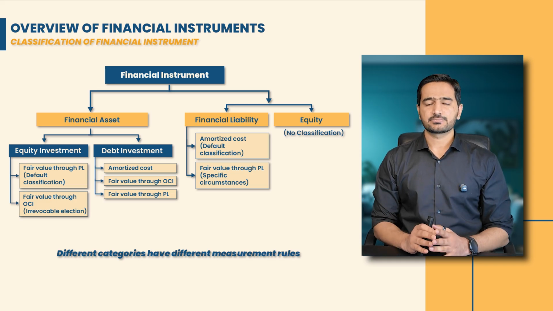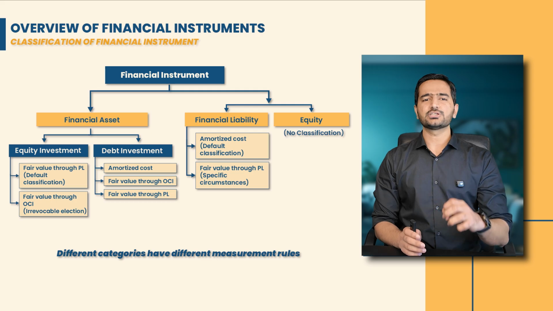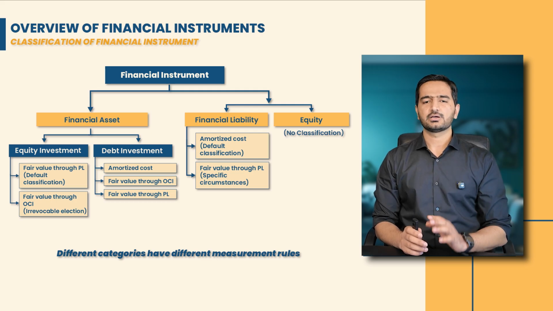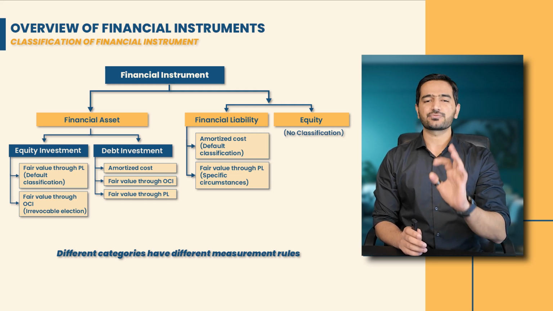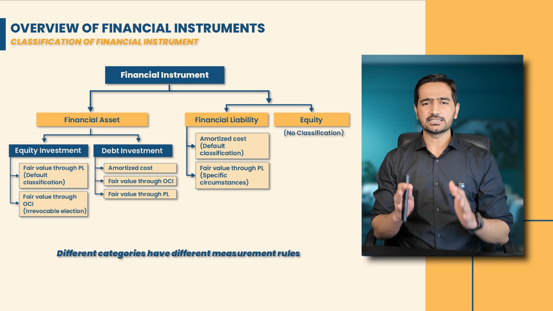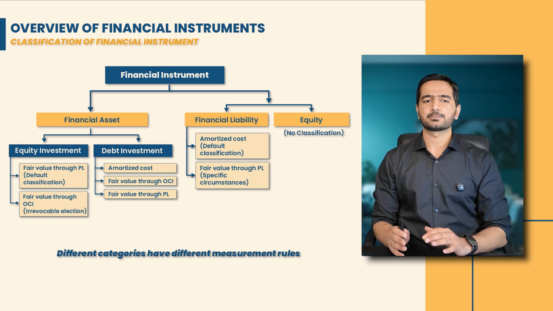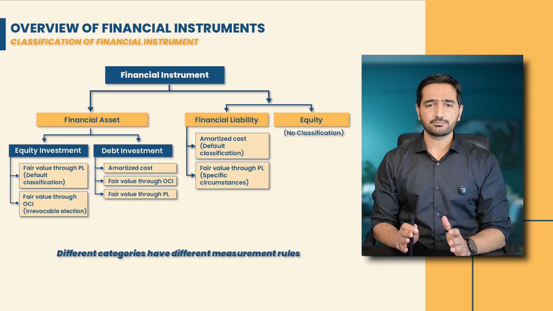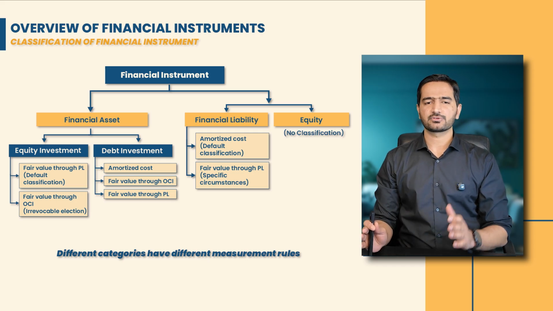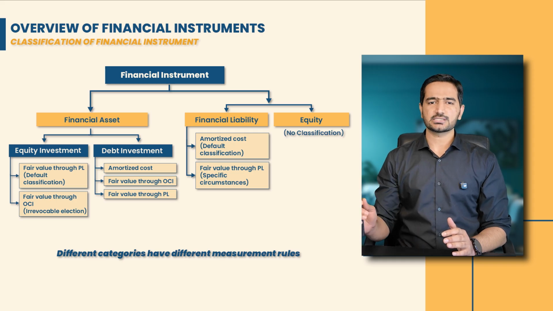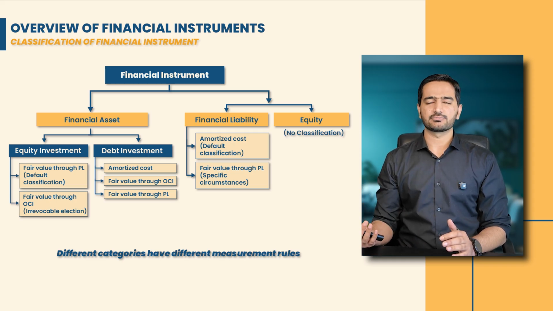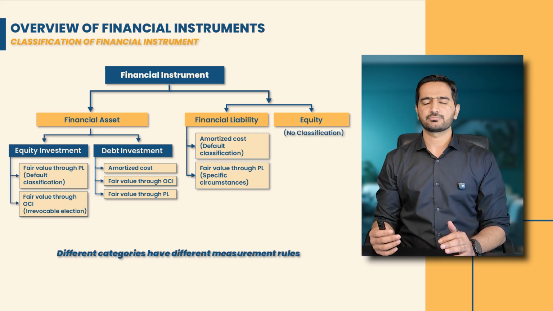My friends, let me now pull all of this together in one summary. I want you to memorize this framework because everything in this chapter connects back to it. A financial instrument is divided into financial asset, financial liability or equity. If it is a financial asset and it is an equity investment, classification is either at fair value through profit and loss or fair value through other comprehensive income.